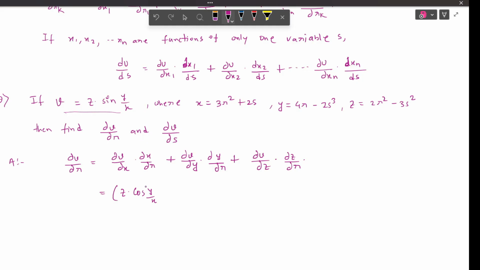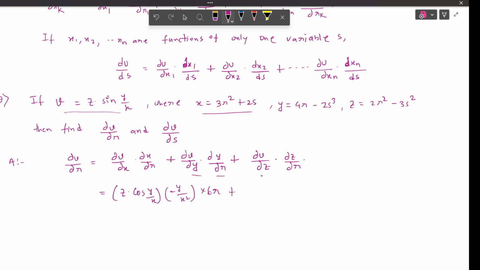Okay, sine of y by x would be cos of y by x, and we are deriving it with respect to x, and y would be outside, and the differentiation of 1 by x is minus 1 by x square. Okay, and del x upon del r, that means in this differentiation s will be constant now, so it will be 6r, so into 6r.